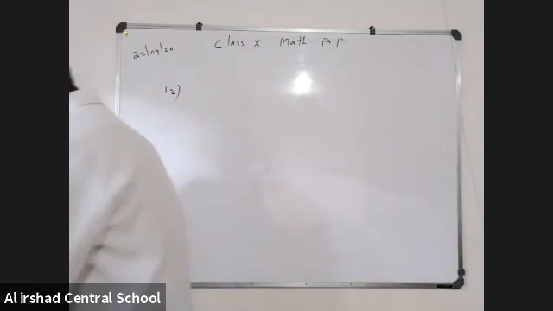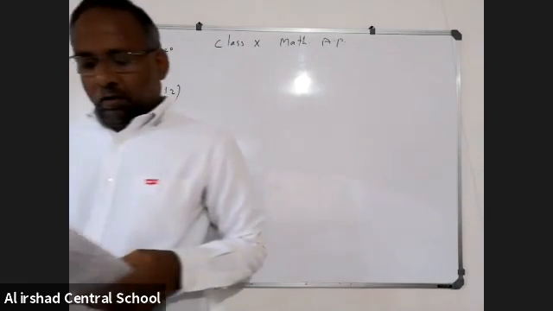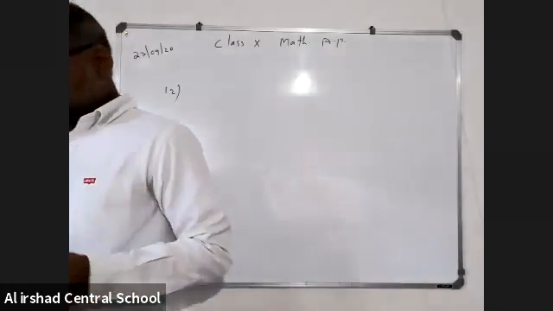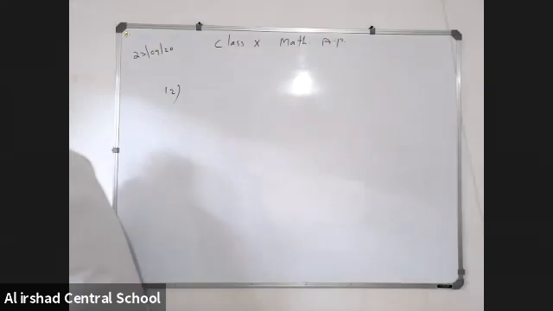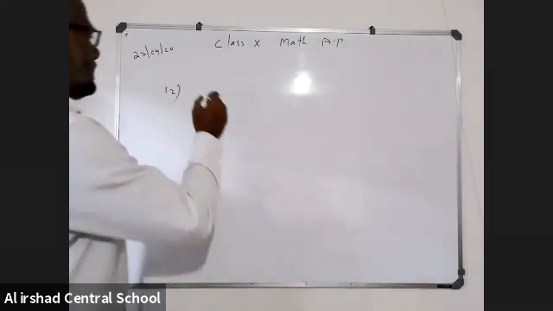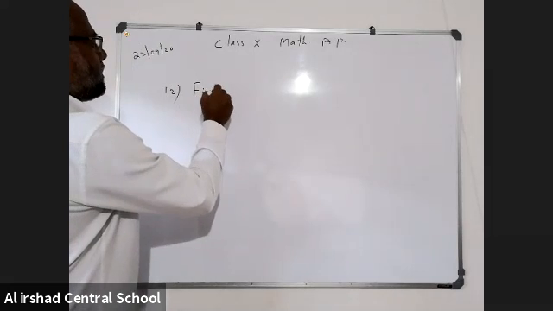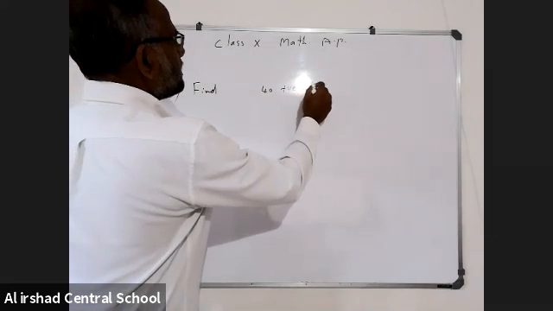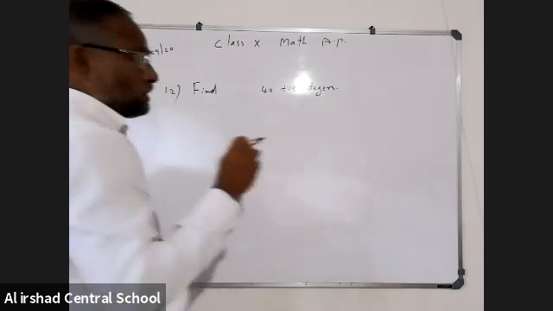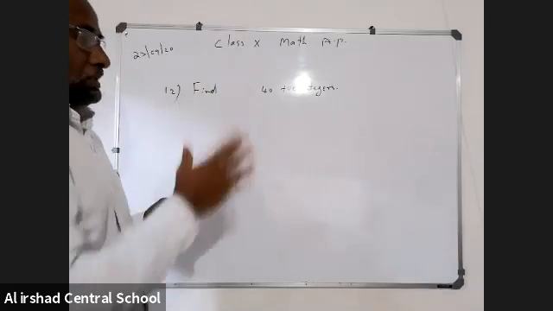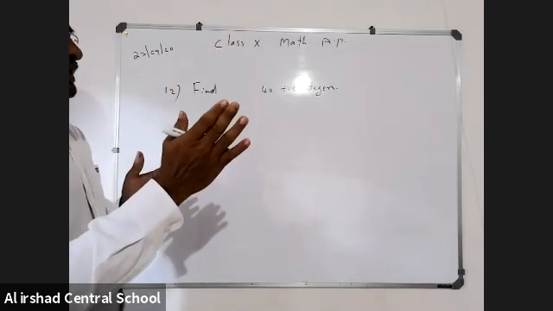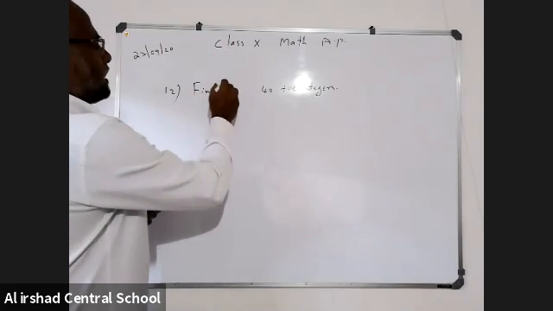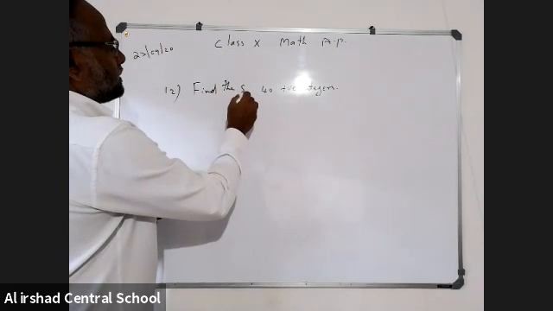Find the sum of first 40 positive integers divisible by 6. What is this? Sum of first 40. Question is clear, I think. Find the sum S40.